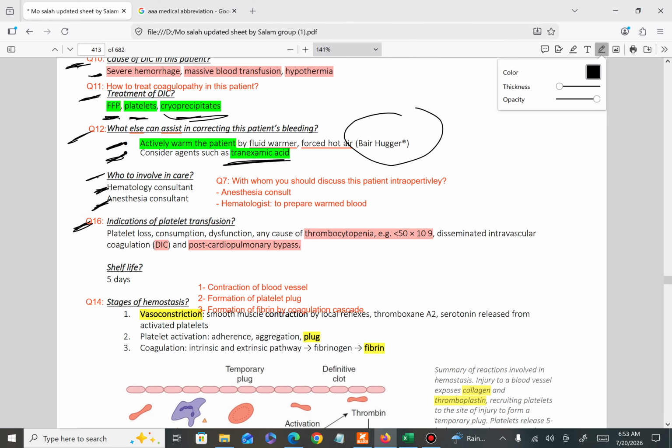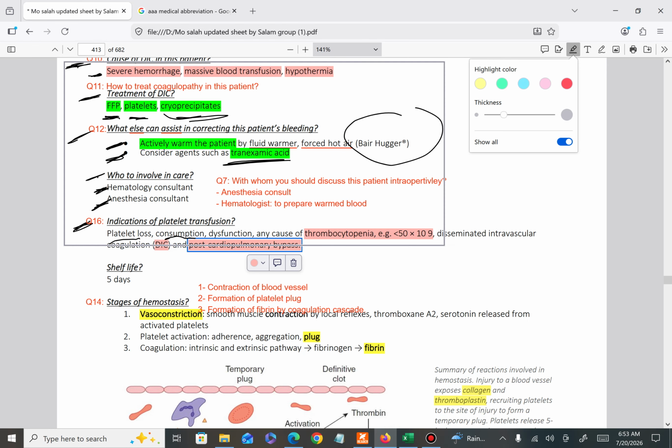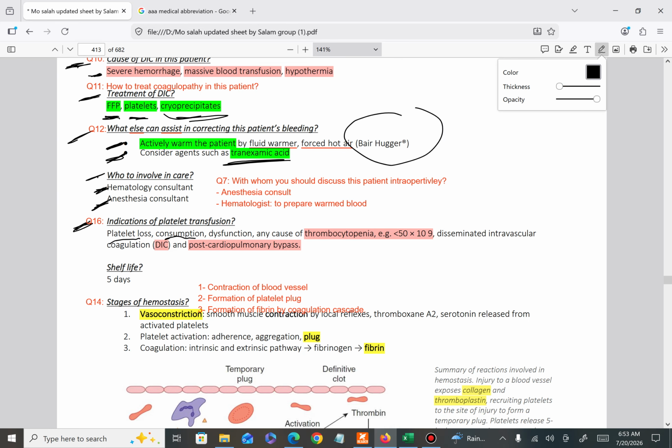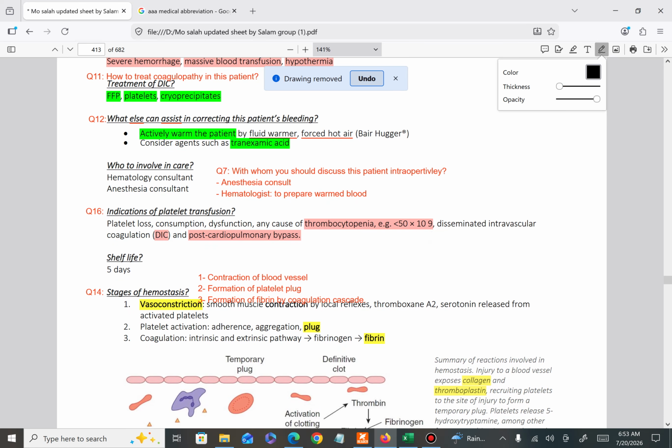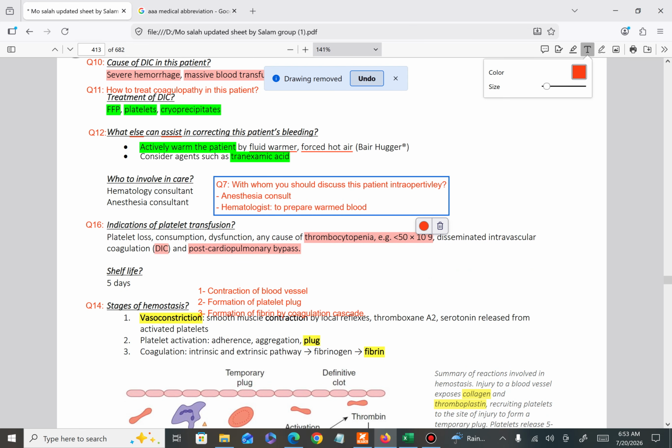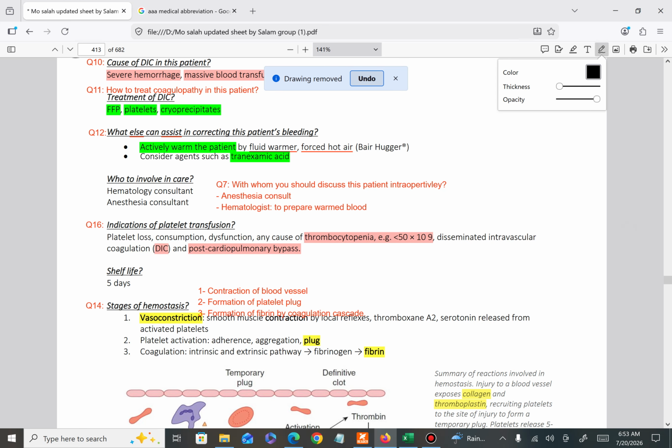Then indications of platelet transfusion. Platelets are transfused when there is platelet loss or platelet consumption, dysfunction of platelets, or any cause of thrombocytopenia less than 50 x 10^9 platelets per liter.